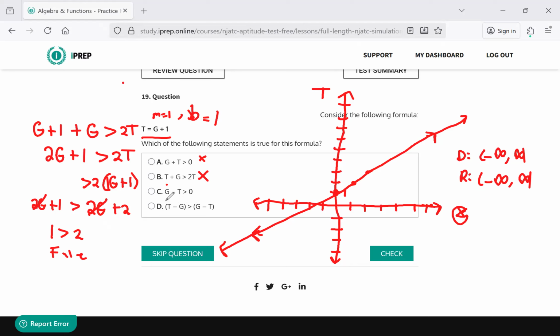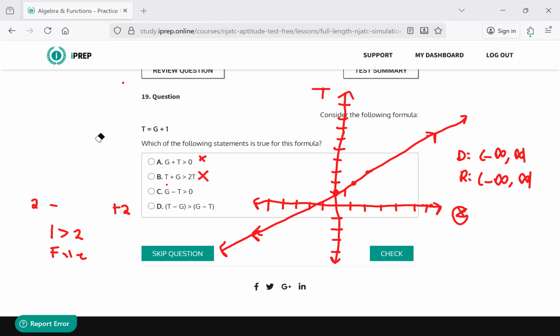So what I'll do is, g minus t is greater than 0, so I'm doing C. And I'm going to replace g with, I mean t with g plus 1.